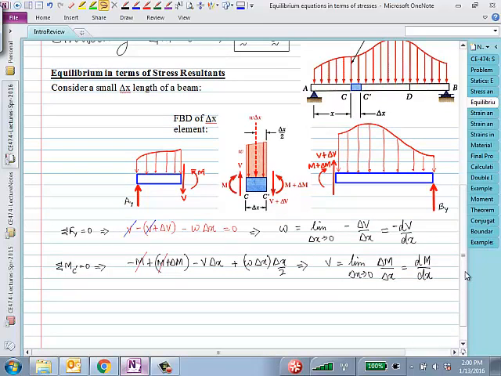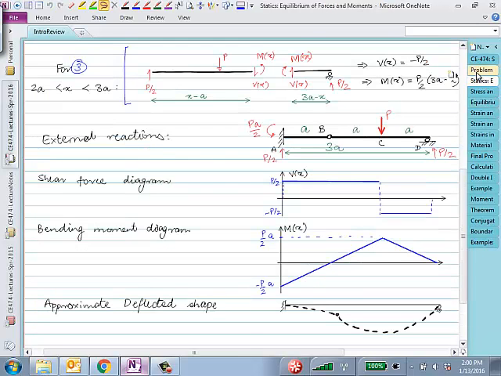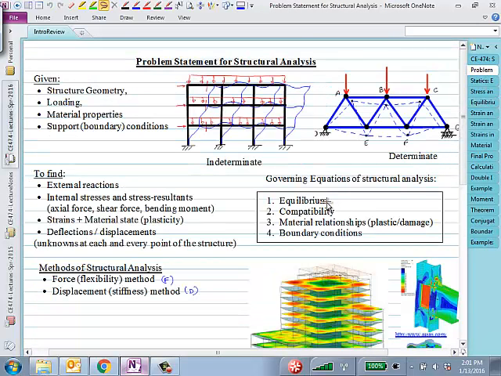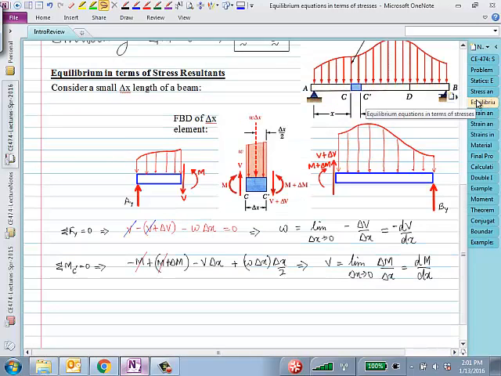So that's the first principle of structural analysis that we were talking about, equilibrium. For beam equilibrium, we are going to rely upon these equations. The applied distributed load is the negative of the derivative of the shear force diagram. The shear force at a cross section is equal to the derivative of the bending moment at that cross section. These are just equilibrium equations.